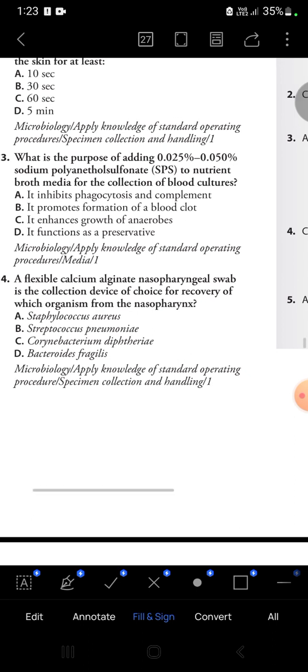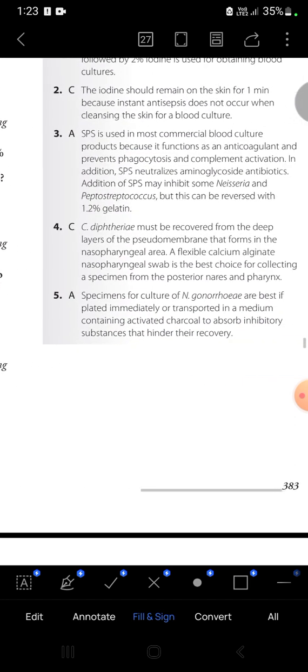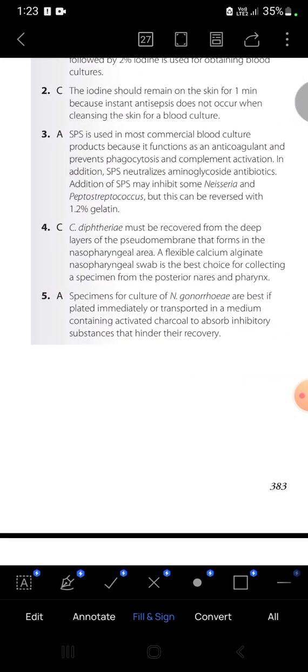So the answer is A, Staphylococcus aureus, because when the nasal swab is taken, the device is for the recovery of the organism called S. aureus, or Staphylococcus aureus.